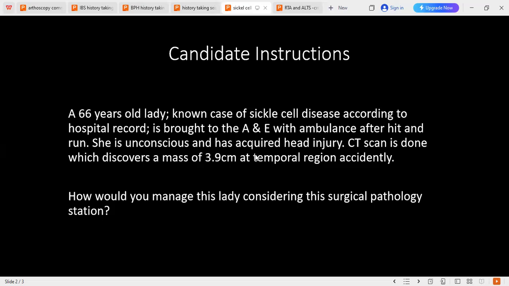If you are going to operate on this patient, just on the basis that there is a discovery of a random mass in the brain and the patient has presented to accident and emergency unconscious, what are the risks with that?